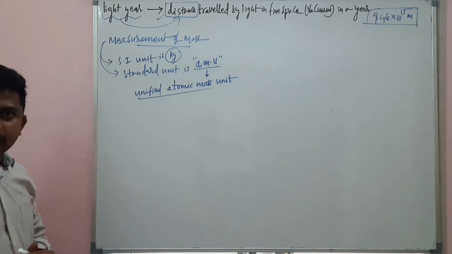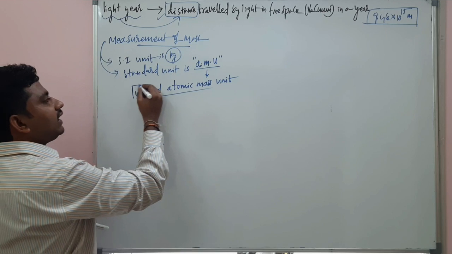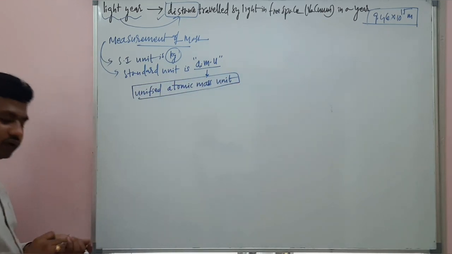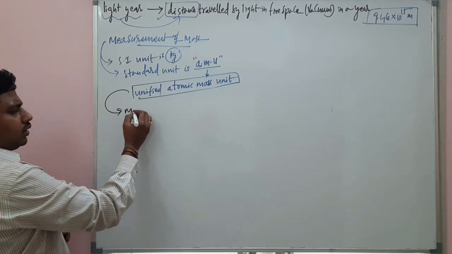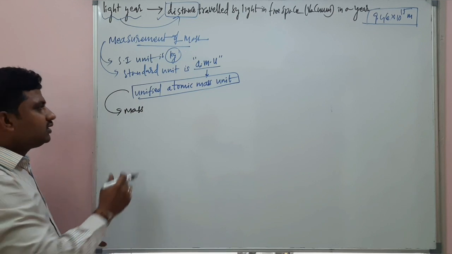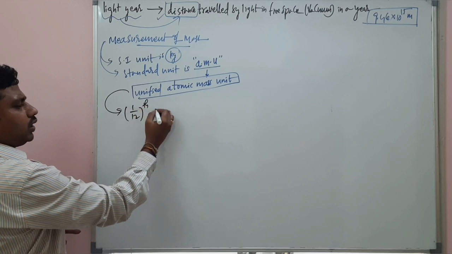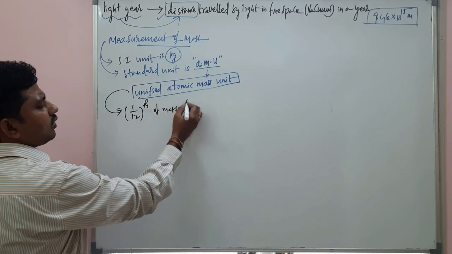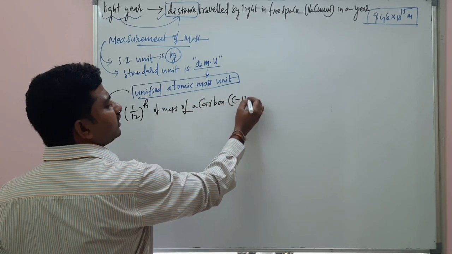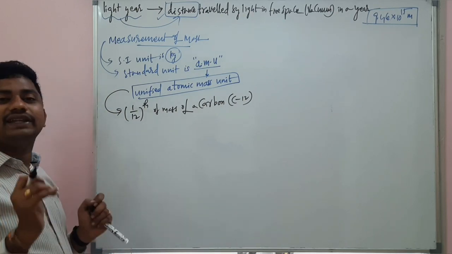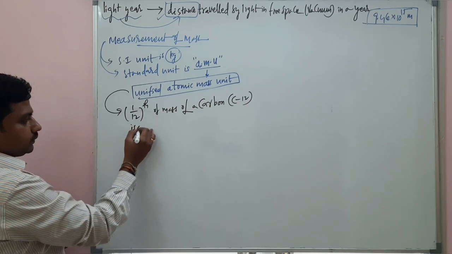Is it clear? Alright. Now, what is this unified atomic mass unit? I'm going to tell you now, listen to me carefully. It is the mass which is 1/12 of the mass of a carbon isotope, represented as C12.